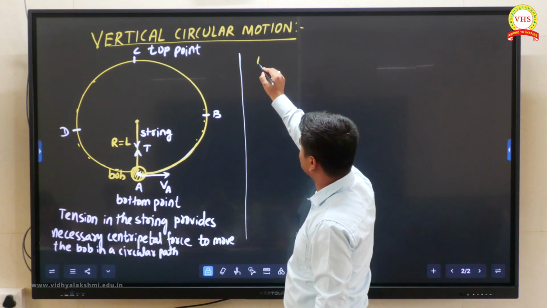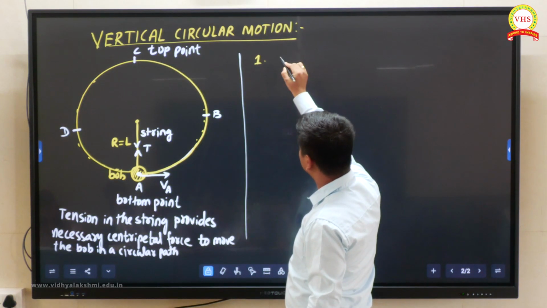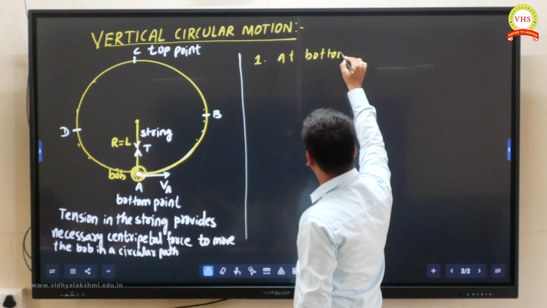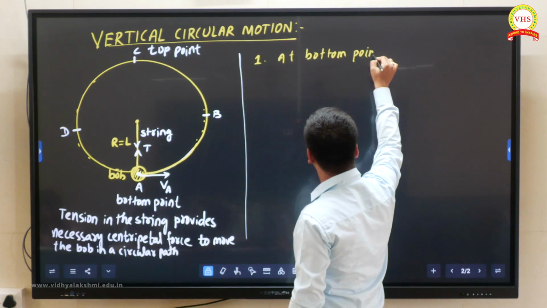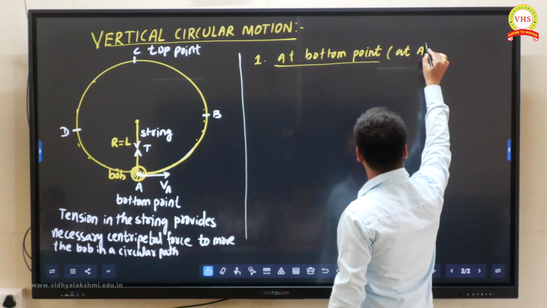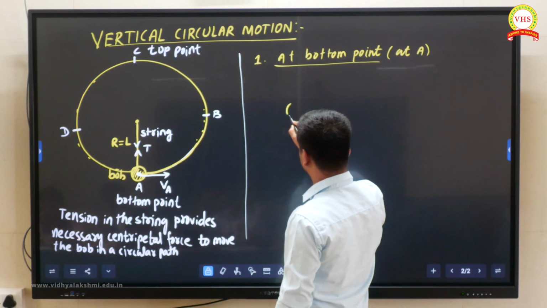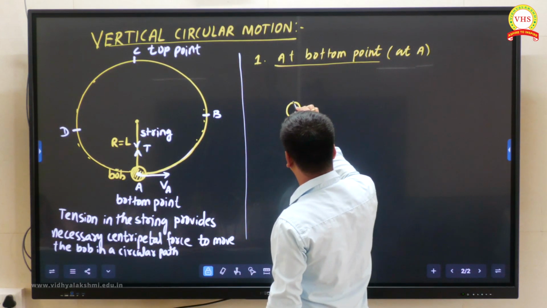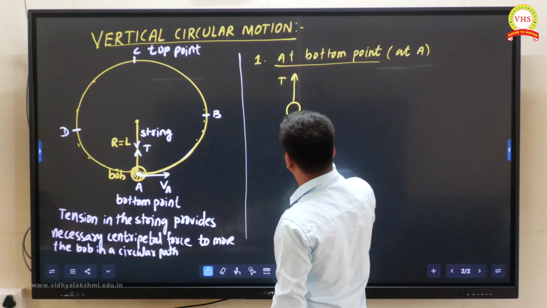Now first, number 1, remember here. At the bottom point, if I analyze the motion, that means at point A, upward, vertically upward, one force is acting, that is basically tension.